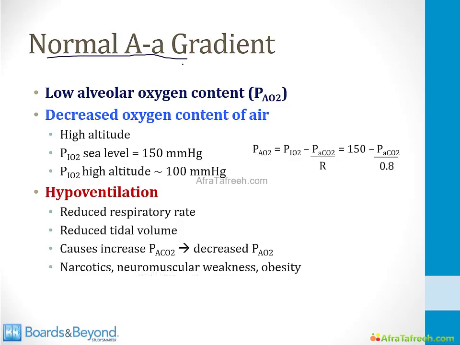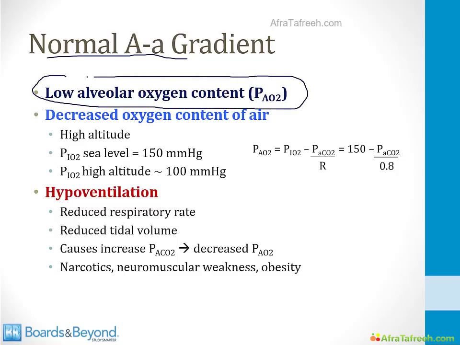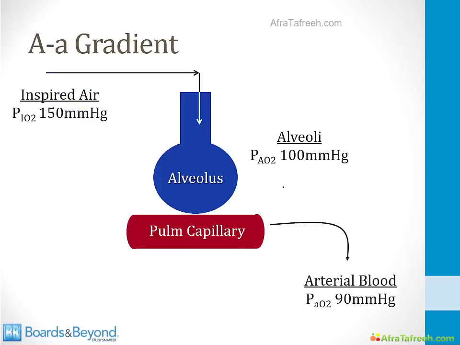And the thing you must understand about hypoxemia with a normal AA gradient is that it is always caused by a low alveolar oxygen content, meaning a low partial pressure of oxygen in the alveoli, which is P big AO2. So let's go back to this slide we went through earlier with an alveolus and a pulmonary capillary. And earlier I told you that a normal alveolar oxygen content is about 100.